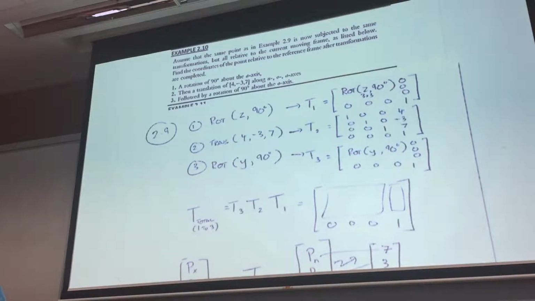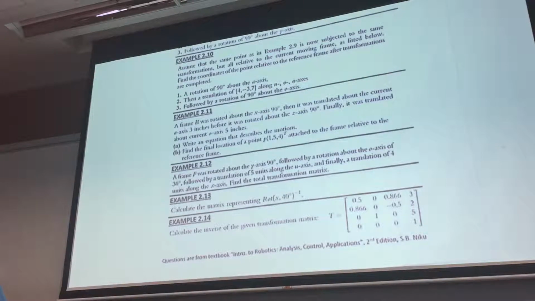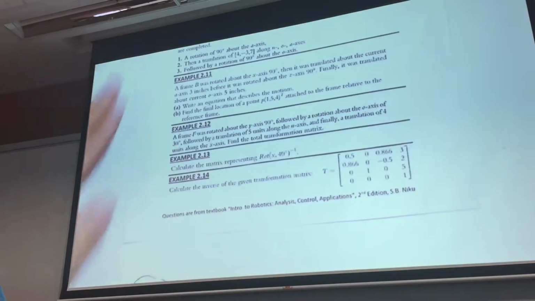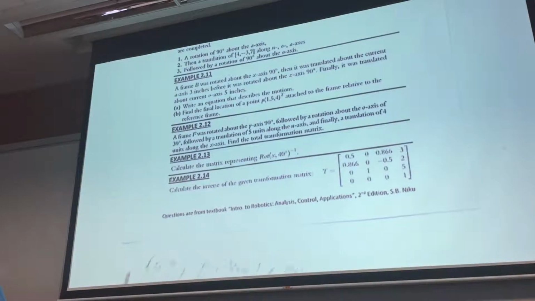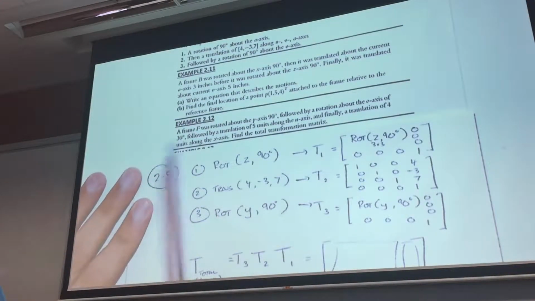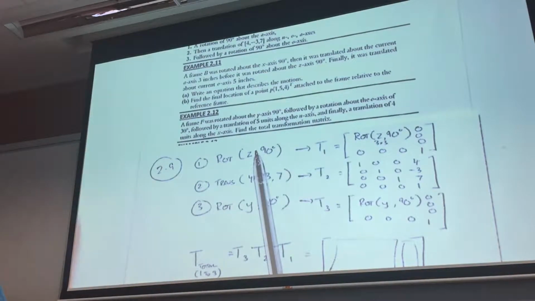Remember. Okay, you guys can try out 2.10, 2.11 on your own as well. Okay, I'll go through. Okay, for 2.11, write the equation that describes the motion. We are basically talking about transformation matrix.